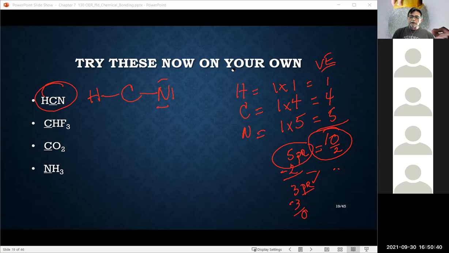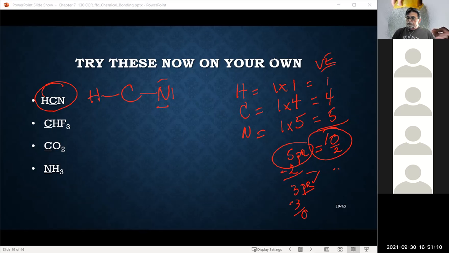What about carbon? How many electrons do you guys see around carbon the way it's written right there? Well, how many bonds are around carbon right now? There's only 2. There's 1 bond with the hydrogen on the left, and there's 1 bond with the nitrogen on the right.